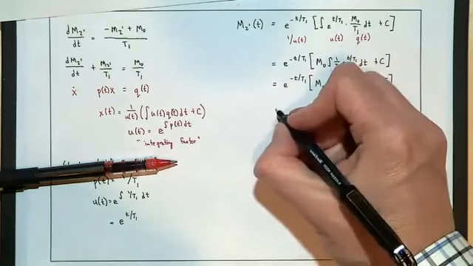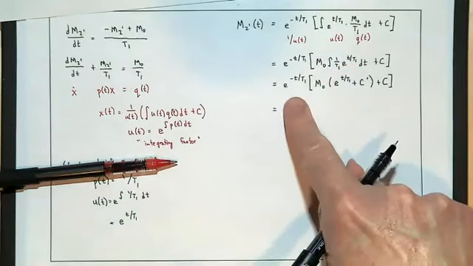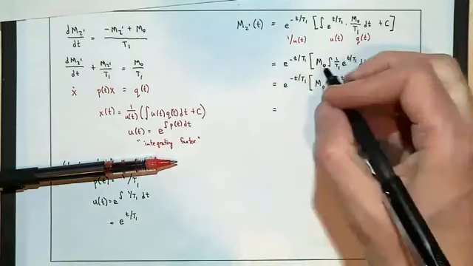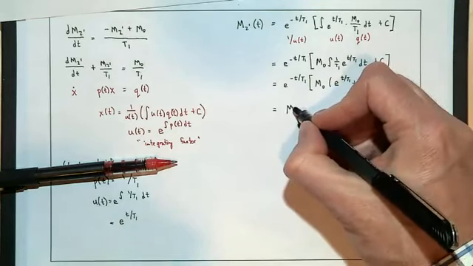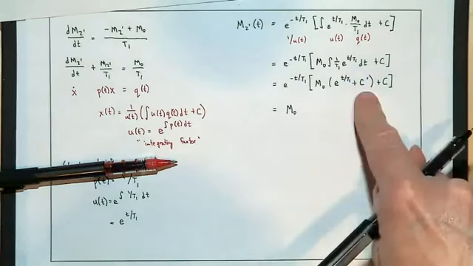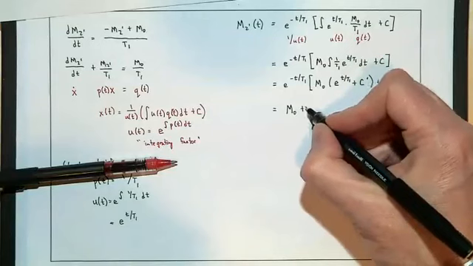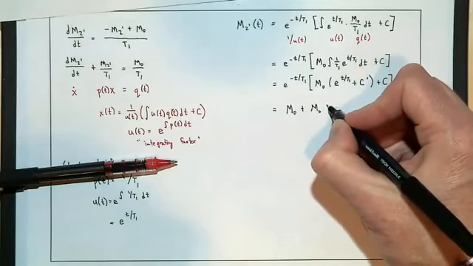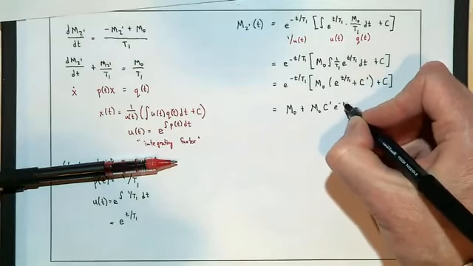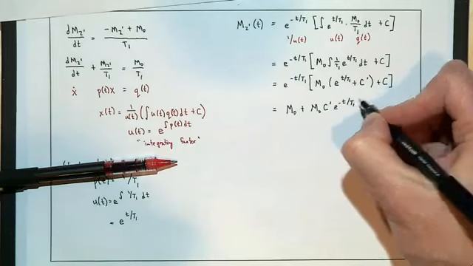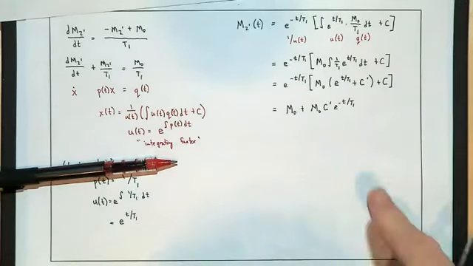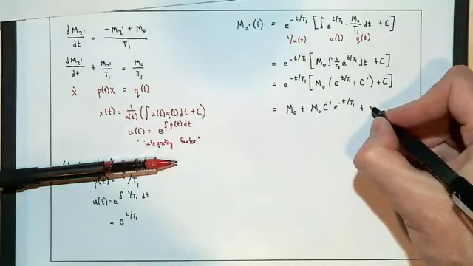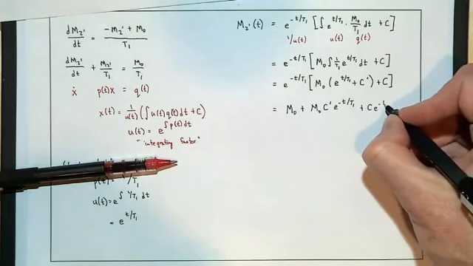I'm just going to multiply through now with this e to the minus t over t1 term. In front here, I'll get an m0 term. The second term here will be a plus m0 c prime e to the minus t over t1. And then the last term will be a plus c e to the minus t.